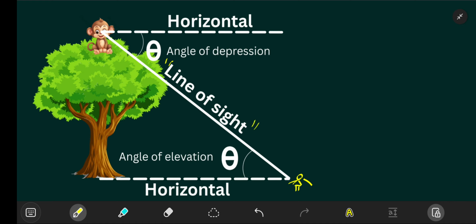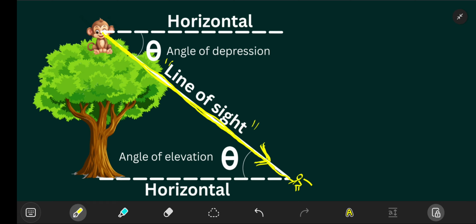Now, if this monkey looks down to see this person, such that it has to look along this line, then the person will appear to the monkey.